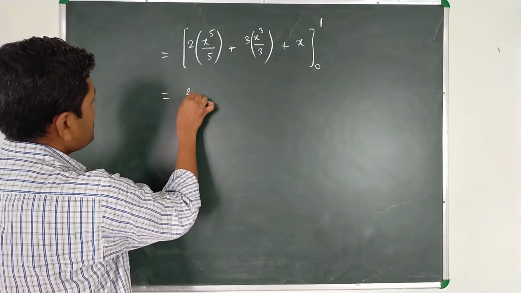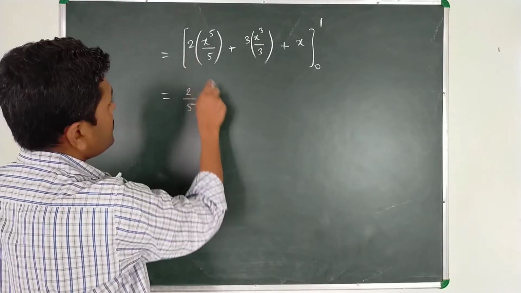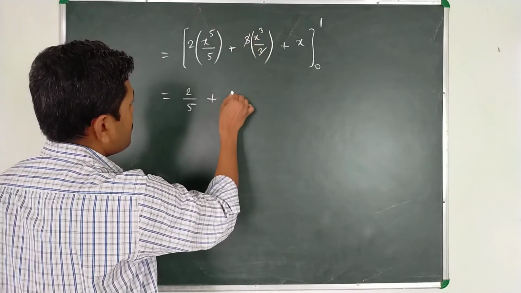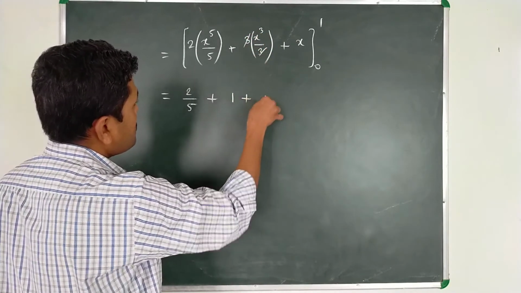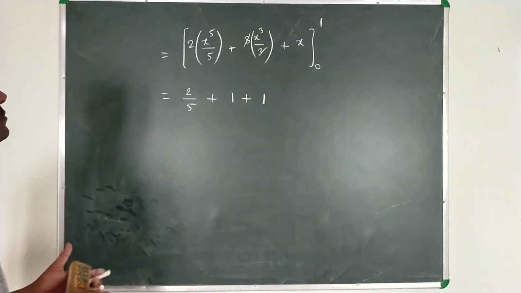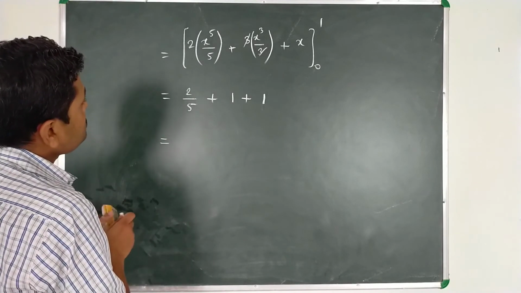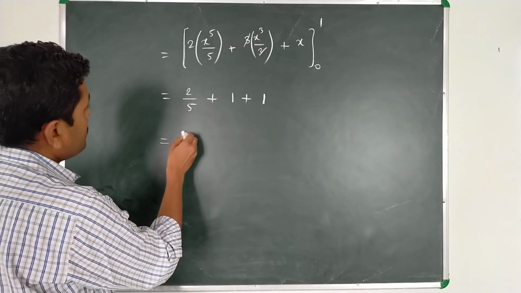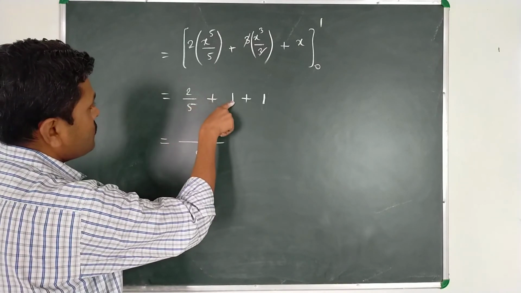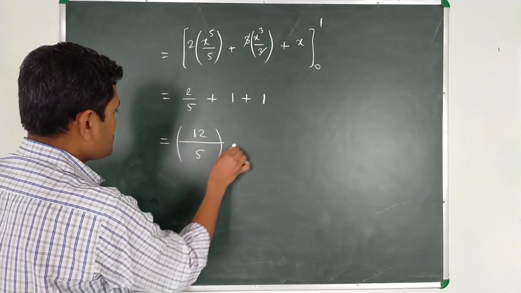And this will be 2 by 5 plus 1 plus 1. And this will be 5 plus 5 is 10, plus 2, 12 by 5. This is your answer.